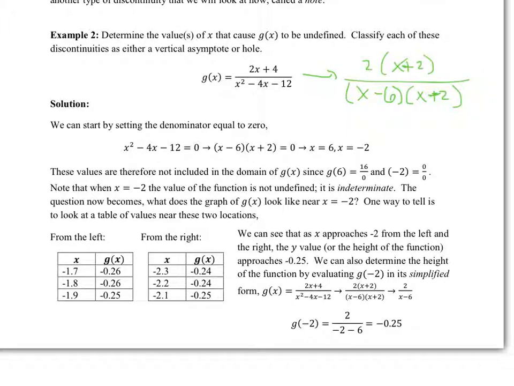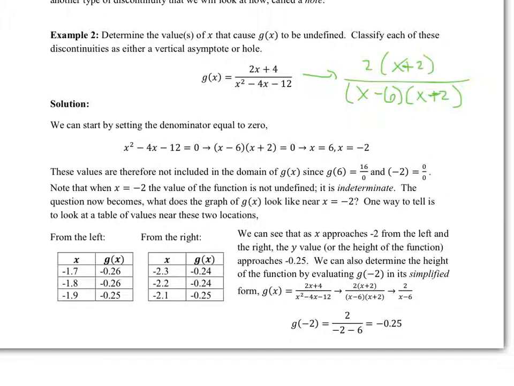Do you see that? But if I plug in just 6, I get some number over 0. So when I plug in a 6, I get some number over 0. That's called undefined. We've heard of that, right? That's a vertical asymptote. But if you plug in a number like -2 in this case and get 0 over 0, what's that?